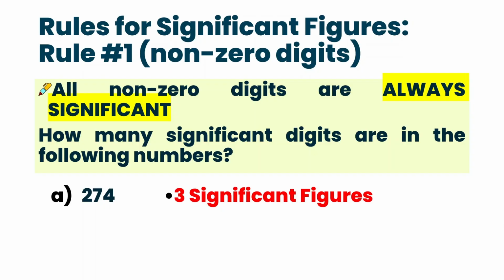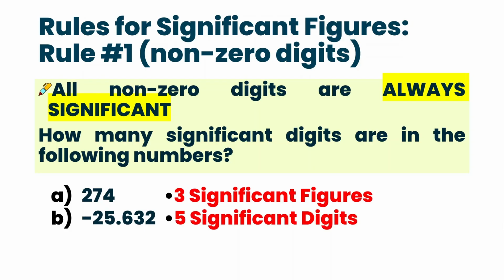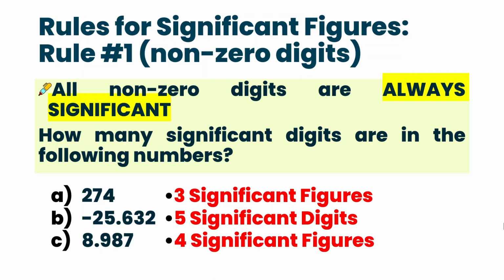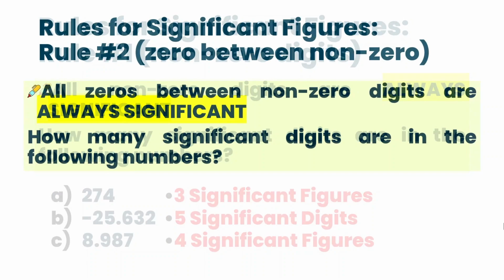If we count all the digits and notice that all of them are non-zero, then we have 3 significant digits, or 3 significant figures. How about negative 25.632? We have 5 significant digits. How about 8.987? We have 4 significant figures. So again, non-zero digits are always significant.